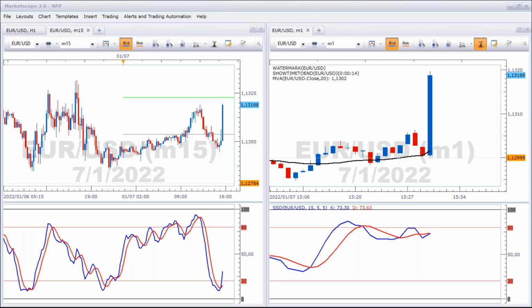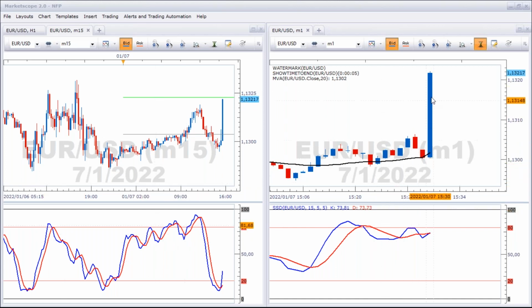Okay, so actuals are 199,000 versus a forecast of 450. So that's very poor. All right, so that's why we're getting this big reaction into the euro.